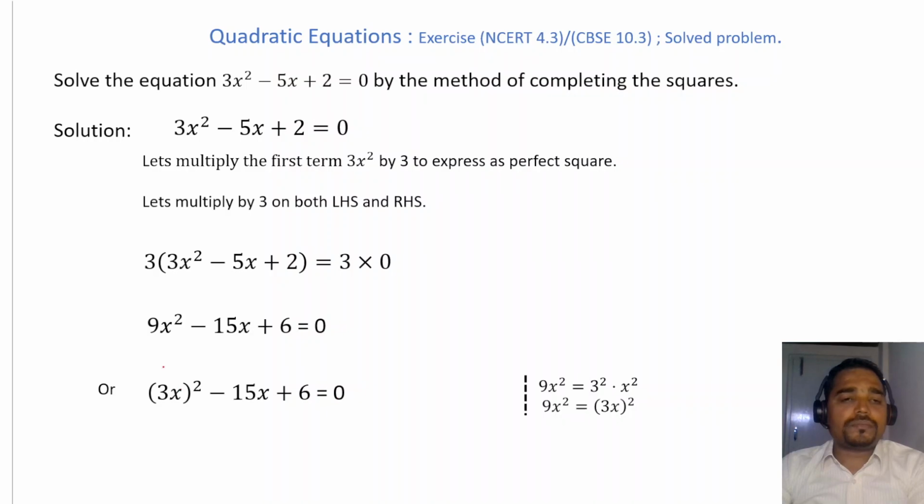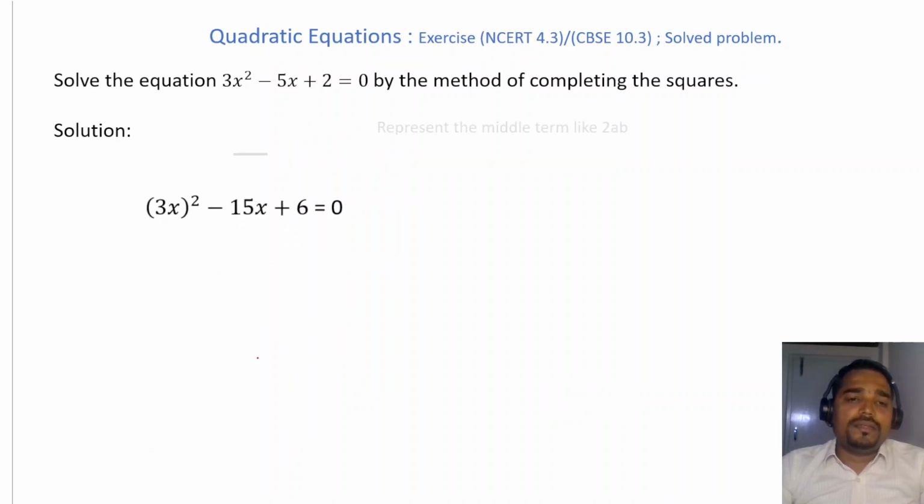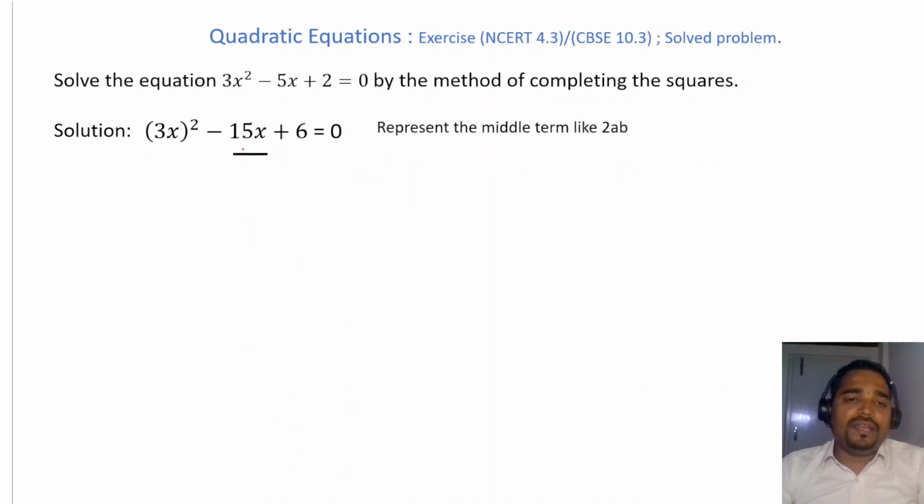That is, the first term 3x square is expressed as a perfect square, that is, there is a whole square for the term, which means that step 1 is completed. So let's move to step 2, which is to express the middle term minus 15x as a 2ab term. So now we will see how to proceed.